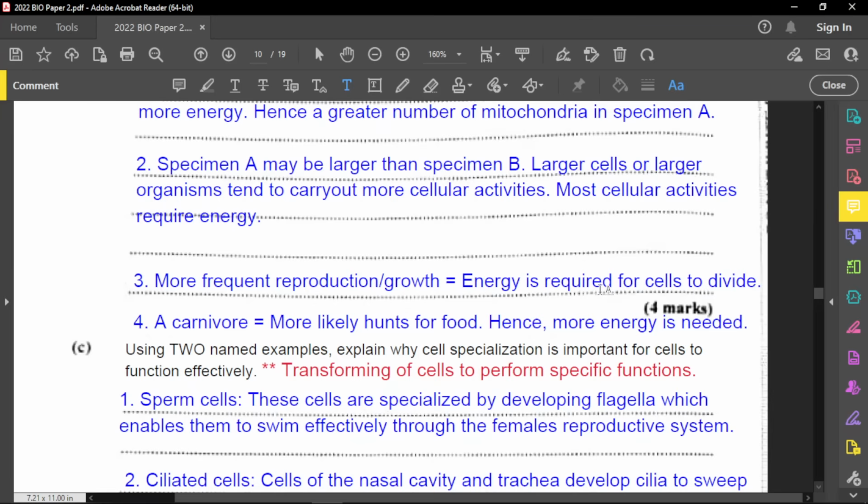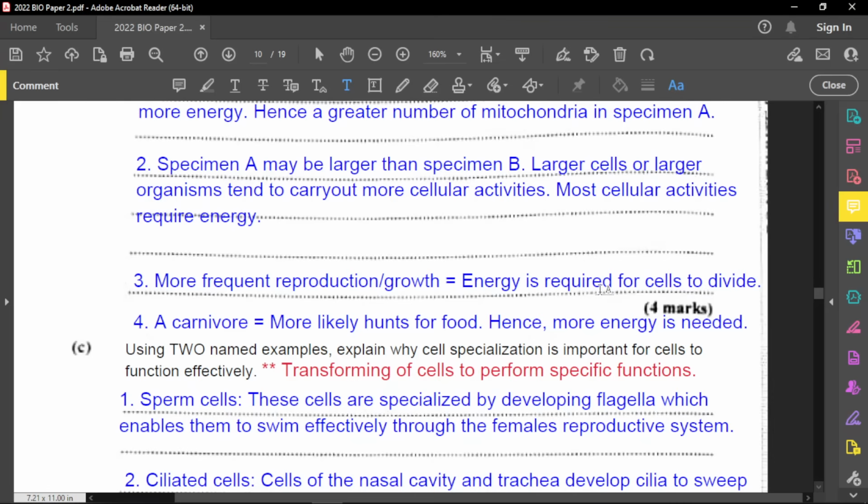In other words, carnivores tend to hunt their food, all right? And so if you're hunting versus just simply absorbing what is around the environment, then naturally you require more energy to move fast, to send out probably stinging cells, to do movement and all those things. So definitely carnivores tend to require more energy versus herbivores. All right.